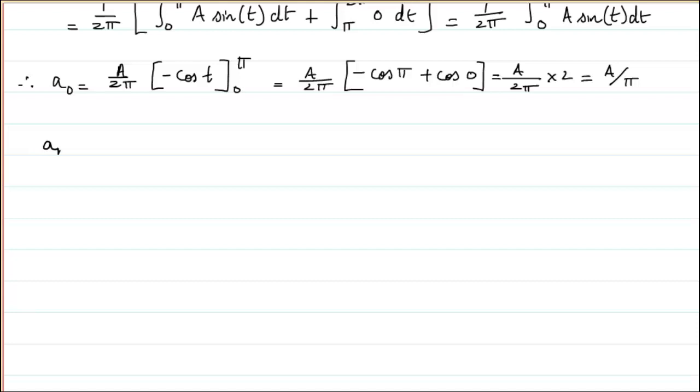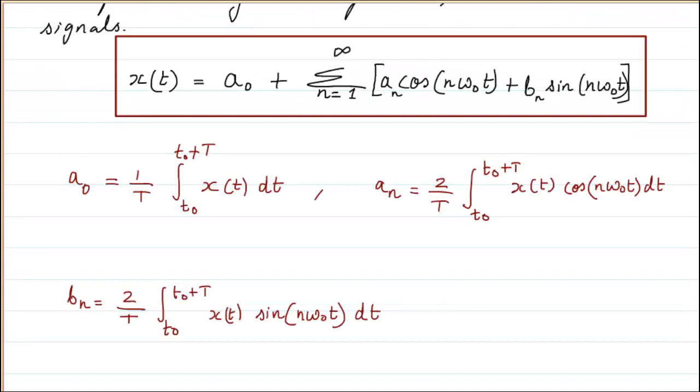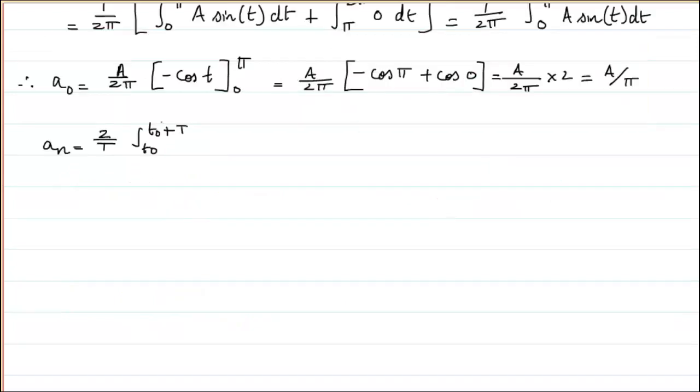So an is, again looking at the equation, it is 2 by T, and limit t0 to t0 plus capital T, x of t cos n omega naught t dt, which is basically 2 by 2 pi, because capital T period is 2 pi.